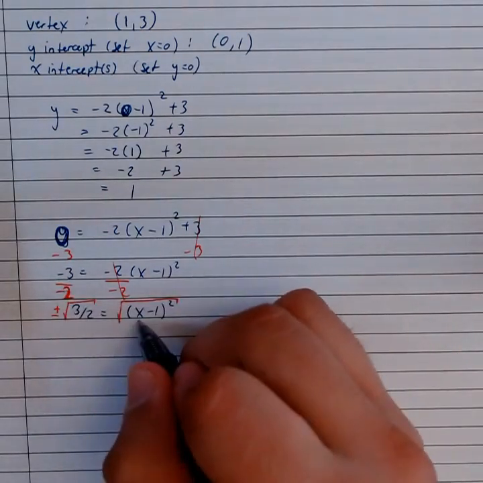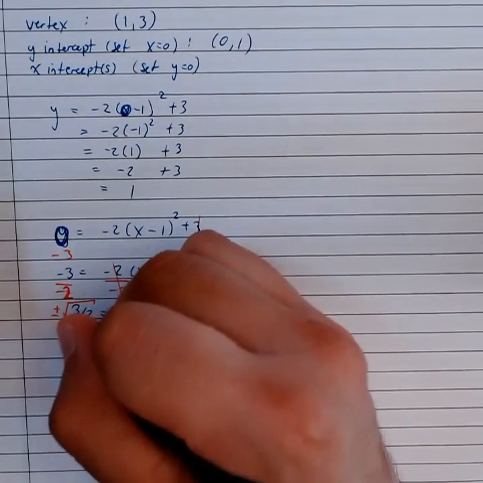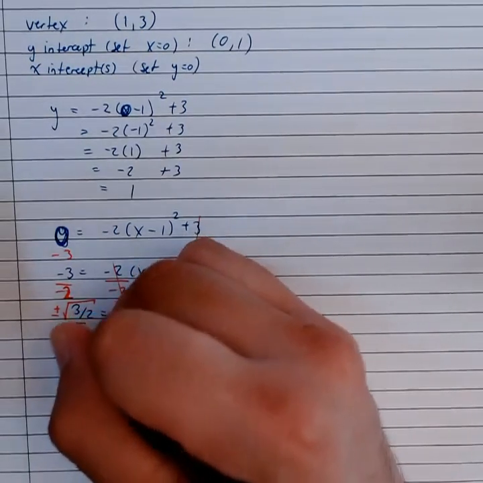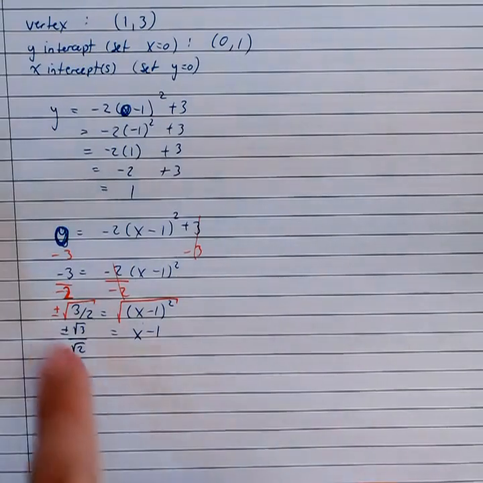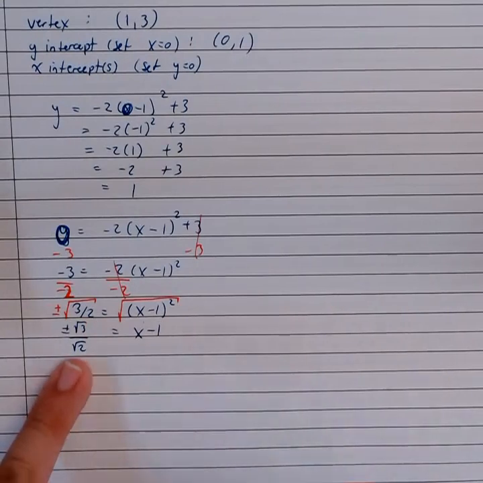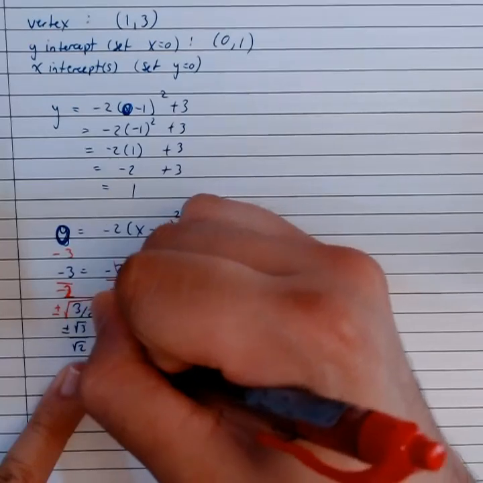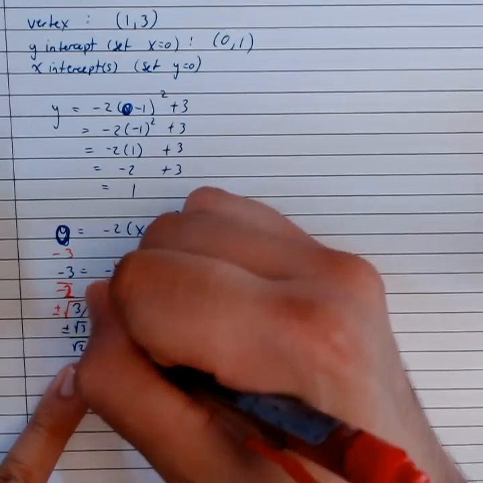So here, that's going to be x minus 1 is equal to plus or minus the square root of 3 over the square root of 2. All right, the square root of 3 over the square root of 2. Let me rationalize that slightly. Let me clean that up so that the denominator looks a little nicer. So let me multiply both top and bottom by the square root of 2.